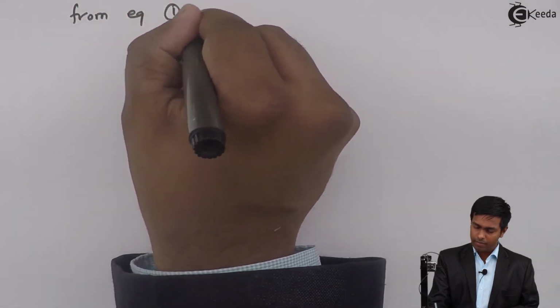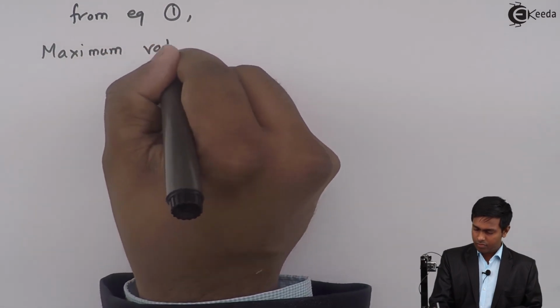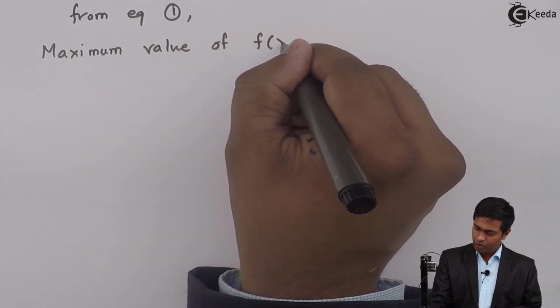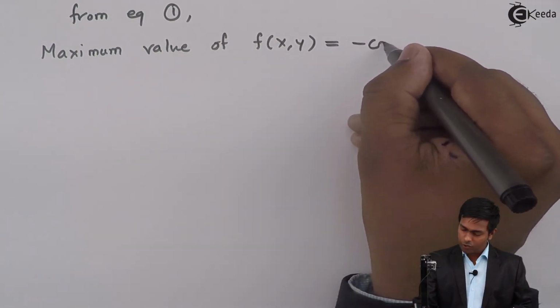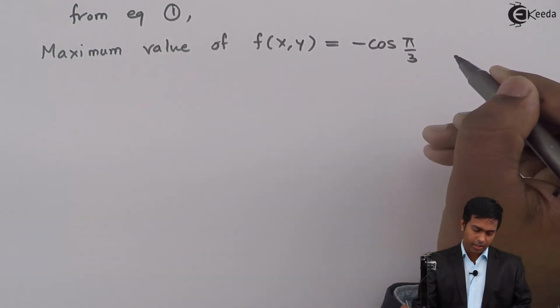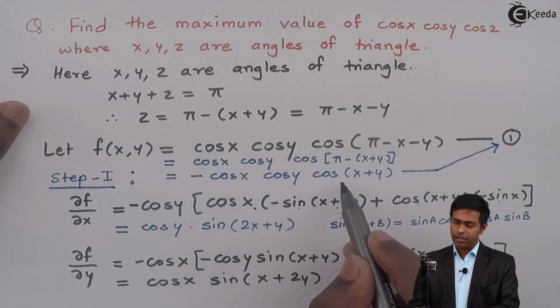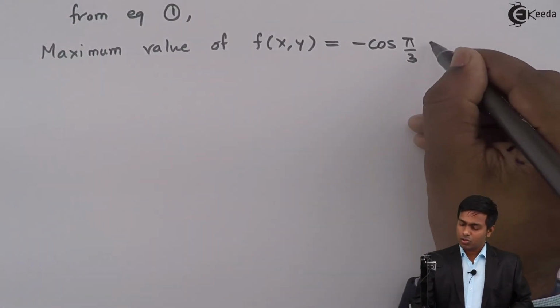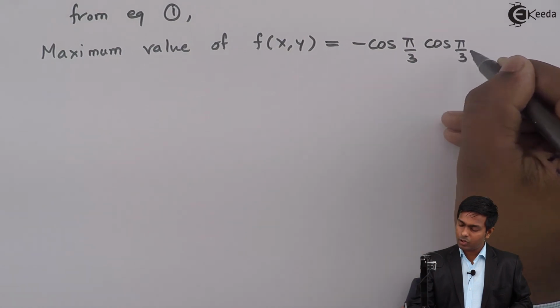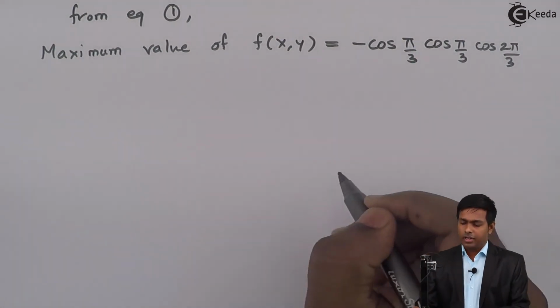From equation number 1, maximum value of f of x comma y is equal to minus of cos x, so minus cos pi by 3. Next we have cos y, so cos pi by 3, and cos of x plus y, that means pi by 3 plus pi by 3, so cos 2 pi by 3.